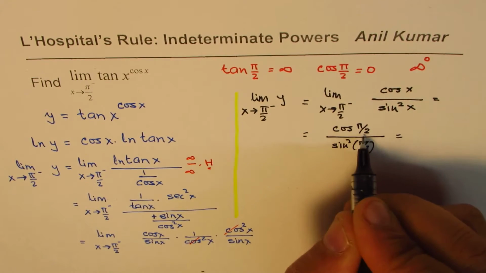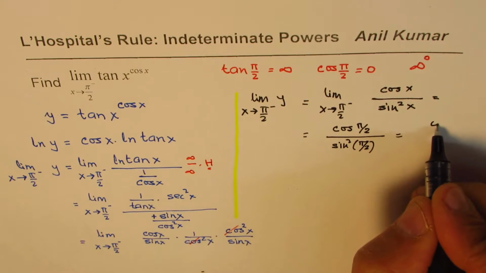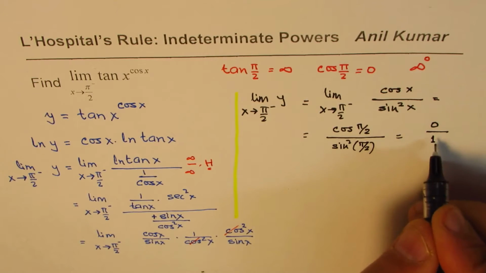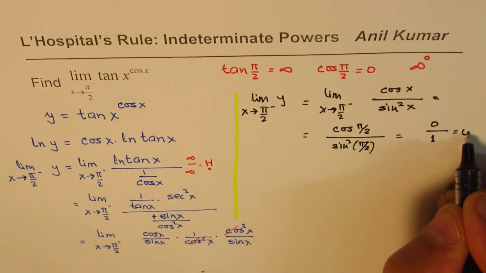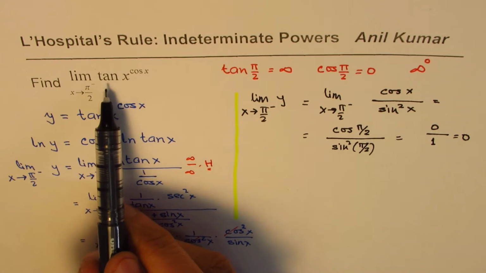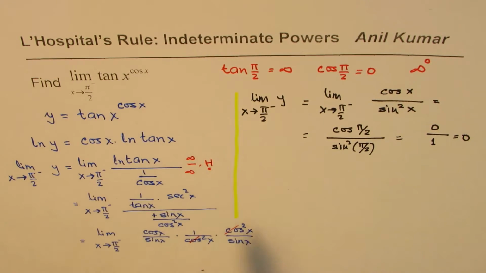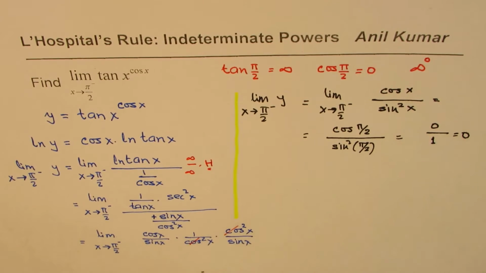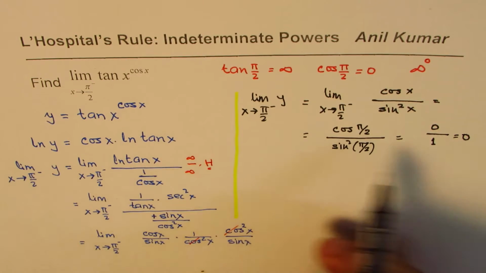Now cos pi by 2 is 0, so we get 0 over sine square pi by 2, which is 1. So we get 0 over 1, so that gives us 0. So the limit of y, which was defined as tan x to the power of cosine x, is actually equal to 0, right? So that is what we have got.